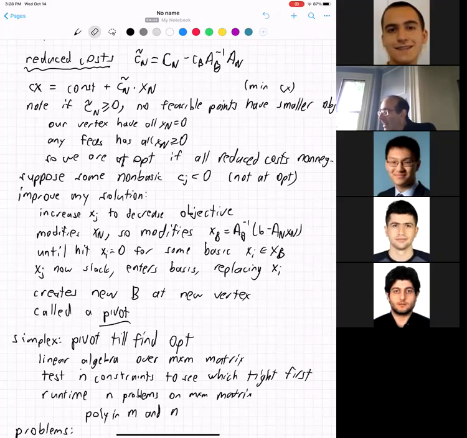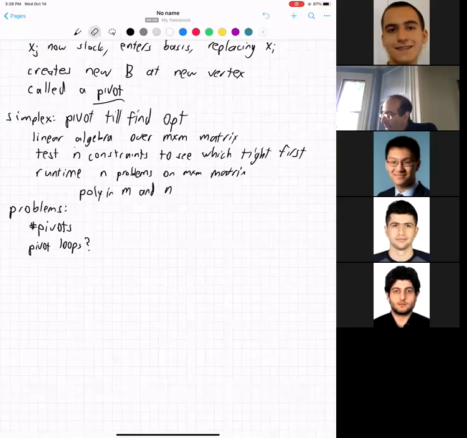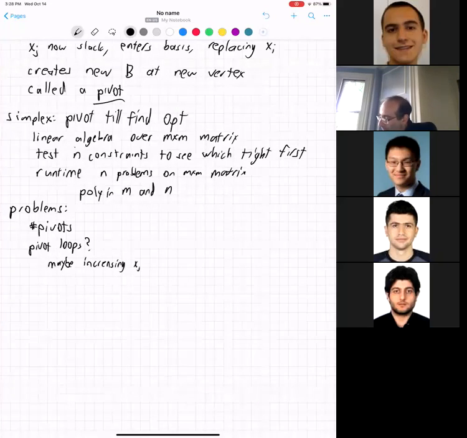If this xi that I'm talking about here is already 0, then I can't increase xj because it would immediately make xi infeasible, right? So maybe increasing xj hits a basic xi that is already 0.